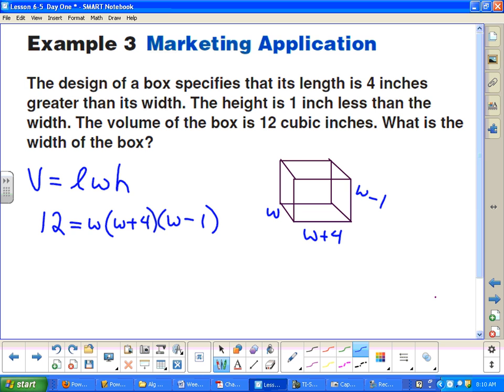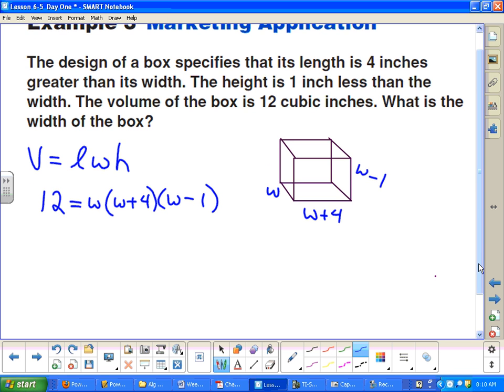So we're going to do a little bit of multiplication here to find the product of the length times width times height. We've had some good practice with this.